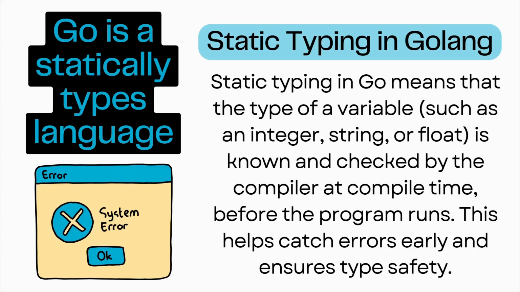Compilation time is when we use the command go build, whereas when you run the program, that's the runtime, our execution time. Here, as it is a statically typed language, the type of each and every variable has to be known during compile time itself. This helps to catch errors early and ensure type safety.